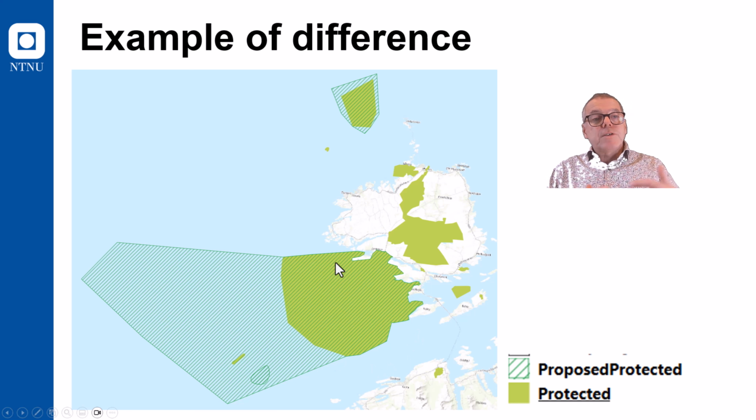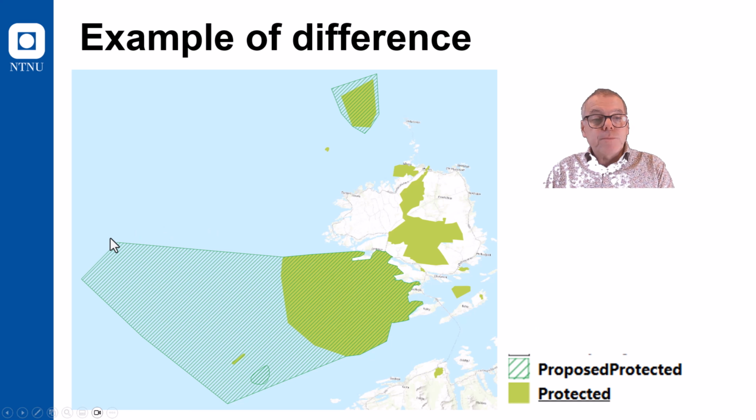So if you, for instance, want to calculate for each municipality what is the area of protected land, what is the area of proposed protected land, and what is the area of the combined protected and proposed protected land, to do this correctly, to avoid that this area here is counted both for the protected and the proposed protected, it should be excluded from the proposed protected.